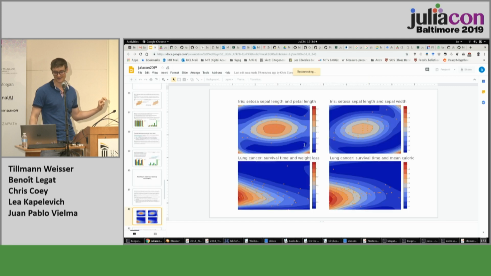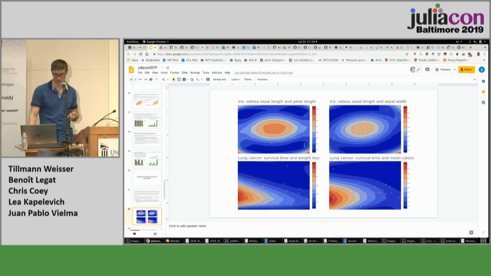At the top we have iris, in particular setosa, sepal length, and petal length. Down the bottom we have lung cancer. As I said, that's a degree 4 polynomial in 7 variables, and we're just plotting a couple of those there. This is what that density that we estimated looks like, and those orange points are sample points, data points.